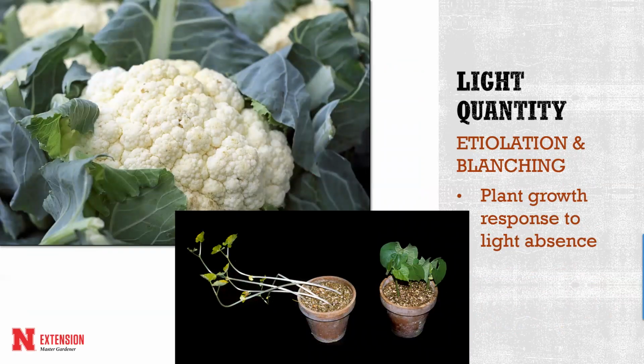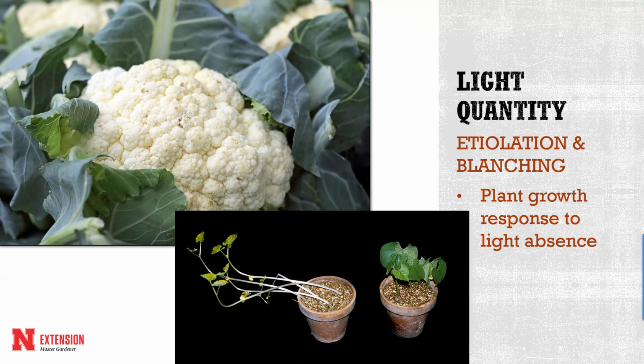One of the other things that you look at when you're looking at light quantity is etiolation and blanching of some plants. Etiolation is the response of a plant to light or light absence. As you can see in this bottom picture, we have two plants, one that has responded to light and one that has grown without light.